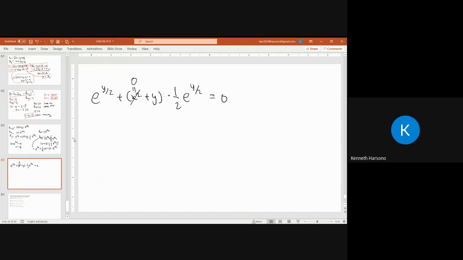So this one is plus y times e power of y over 2, factorized to e power of y over 2, and we can see this one.